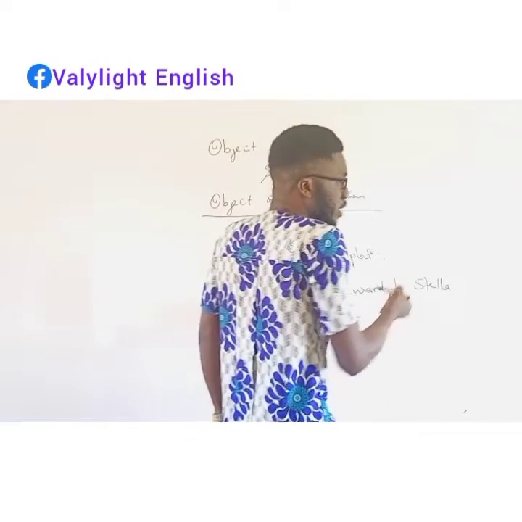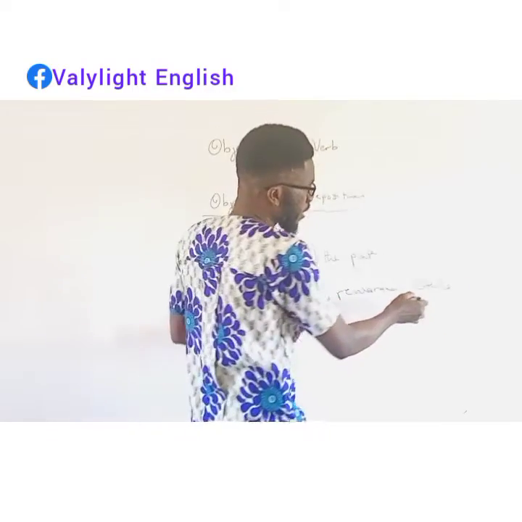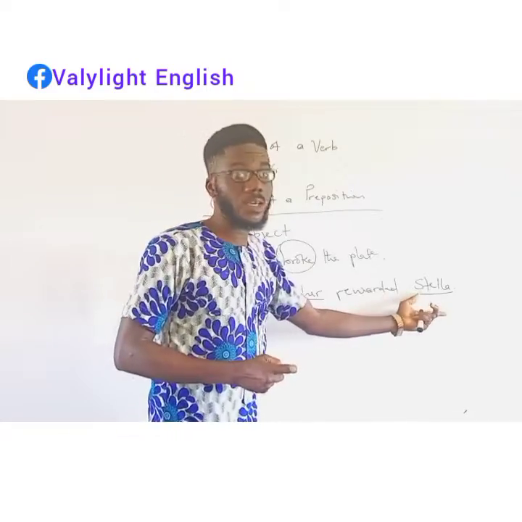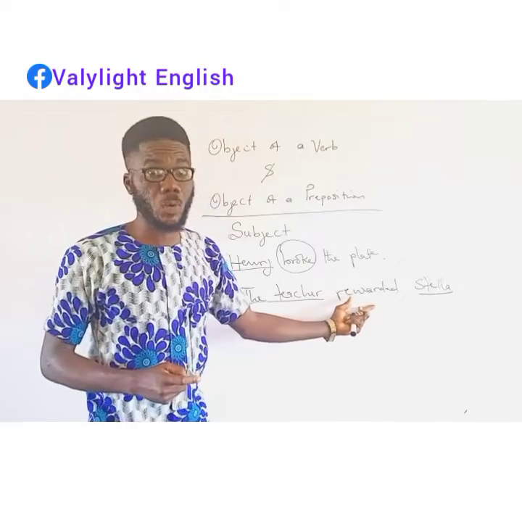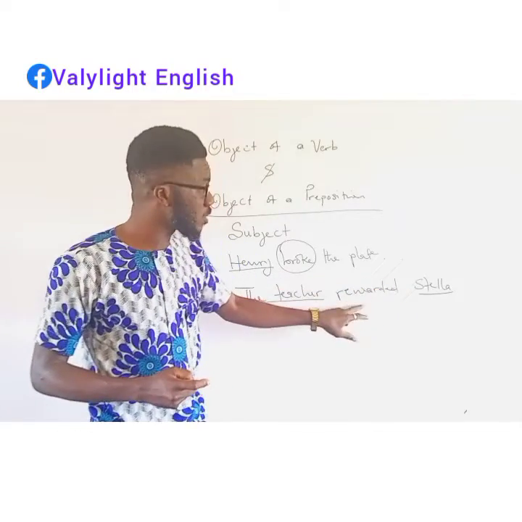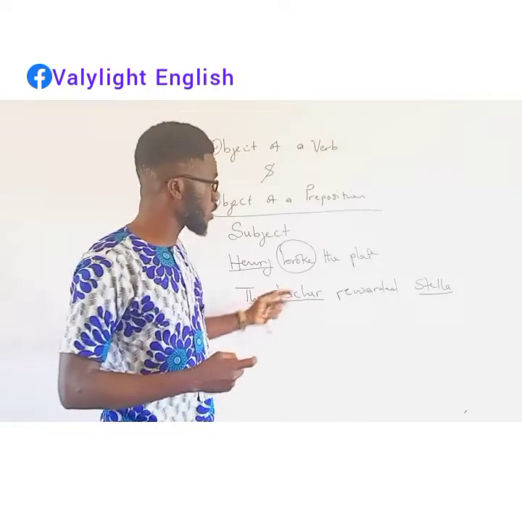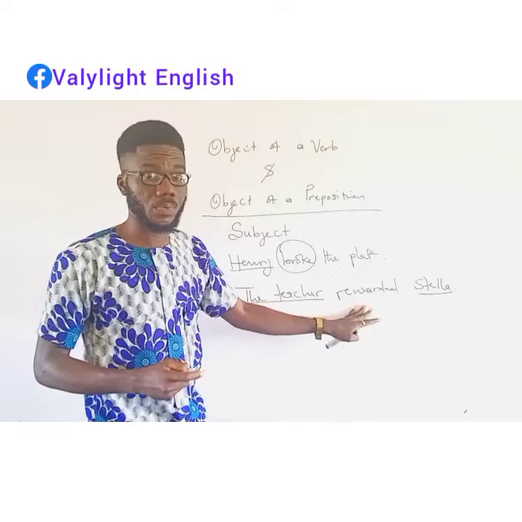There has to be an element of the sentence or a part of the sentence that receives that action, and that is why you have Stella here. Now, this word, Stella, is the object of the verb rewarded because it receives this action of rewarded. The teacher rewarded Stella. Now, this is the object of the verb.